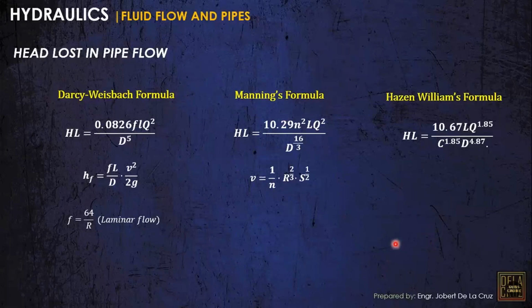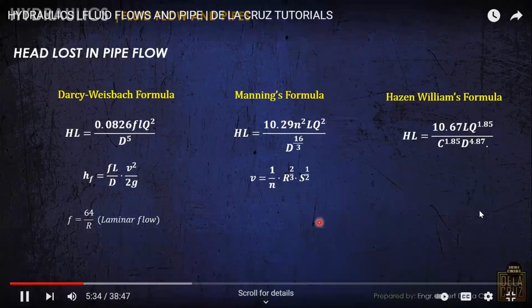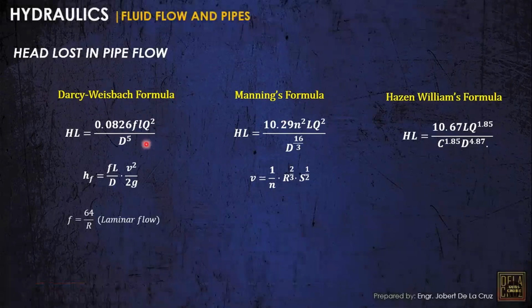So how do we know kailan natin gagamitin Darcy, Mannings, and Hazen? It depends on the factors given. So yung mga factors dito is yung friction, F, for Mannings, N yung binigay, for Hazen-Williams, C yung constant na factor. No? Pag F yung binigay, friction resistance factor, then we'll be using Darcy-Weisbach.